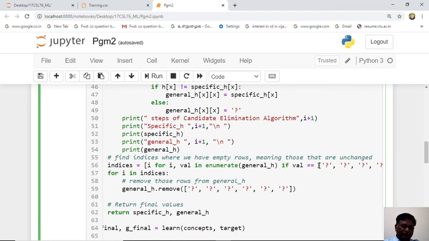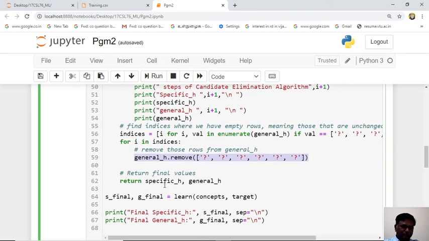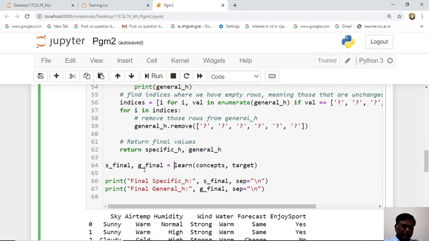So if any empty question marks are there, they will be removed. So in this index for loop, we are removing the empty ones, and returning the specific as well as general that is coming to this line. So this is assigned, and we are separately printing the S final and G final.